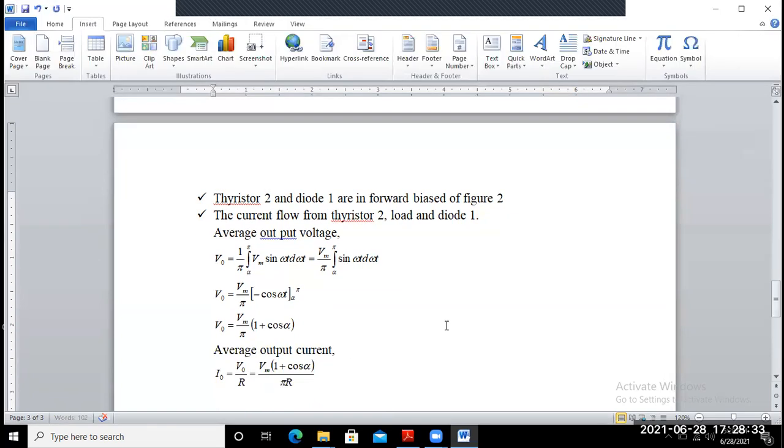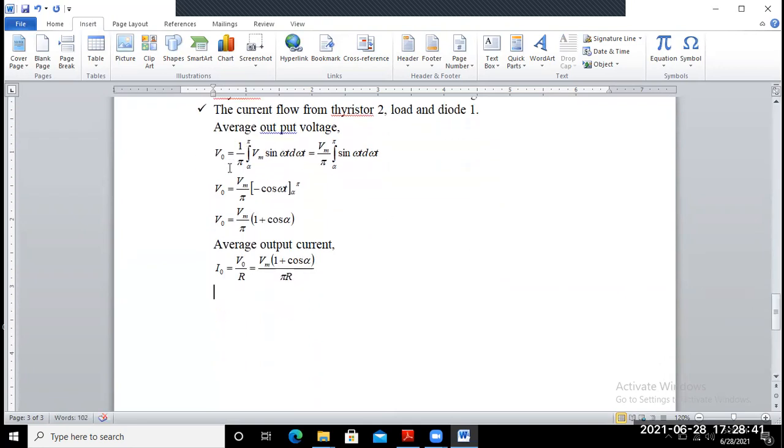What is the RMS output voltage? How can we find out the RMS output voltage? Just the square root of this one, Vm square sin square omega t.